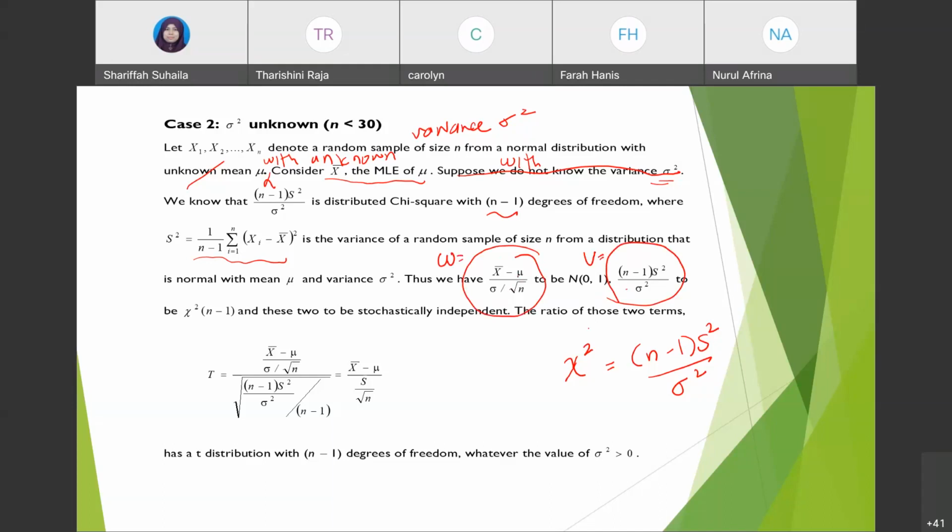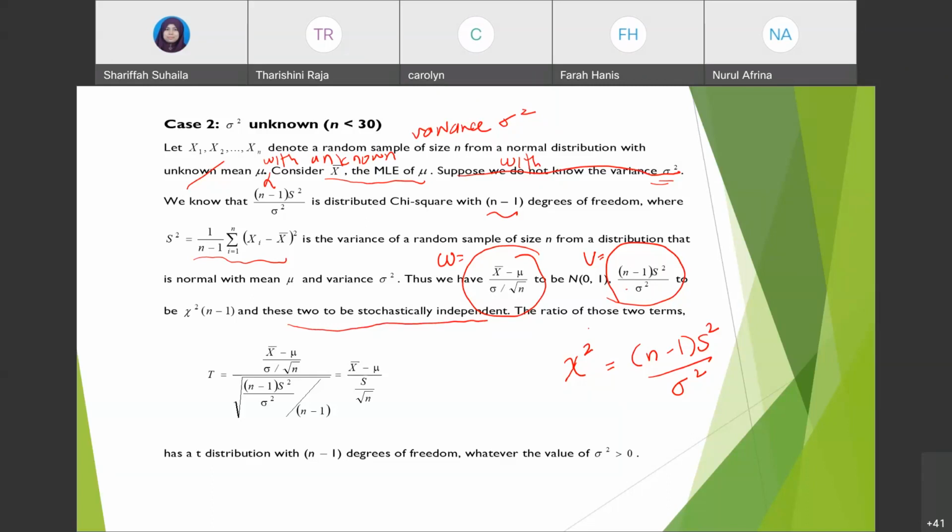Okay, let's say you have two random variable, w is x bar minus mu over sigma over square root of n, and also v is n minus 1 s square over sigma square. So these two are stochastically independent. Okay, that means that's not related to each other. Randomly lah, stochastically independent. So these two random variable are independent.